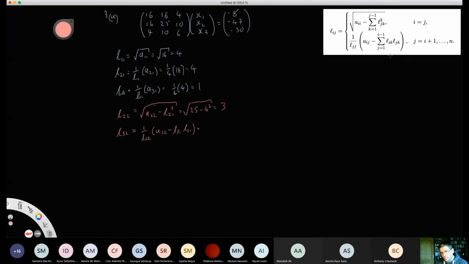So you have to keep track of the subscript. So of course that should be a K. Right, so L22 was 3, so that's 1 over 3. A32 was 10 minus L31, which is 1, multiplied by L21, which is 4. So 10 minus 4 is 6, divided by 3 is 2. So you can see these are nice numbers coming out.